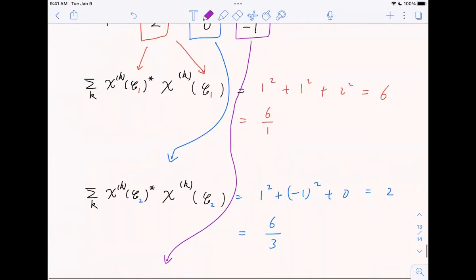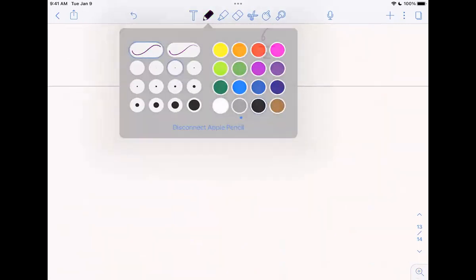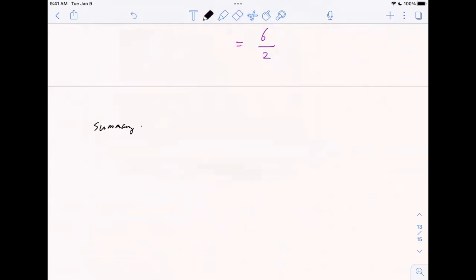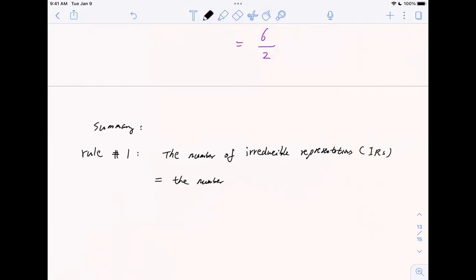Okay, so let's summarize. Summary. Rule number 1: the number of irreducible representations, IRs, equals the number of classes.